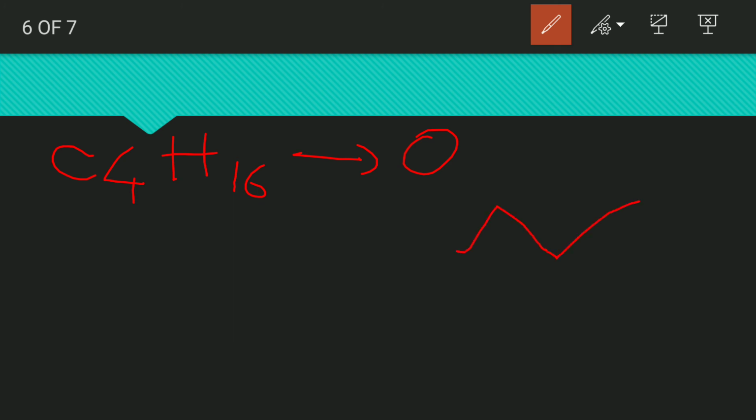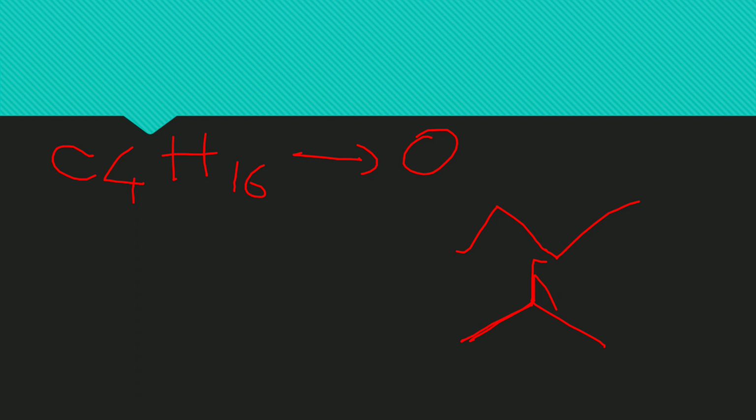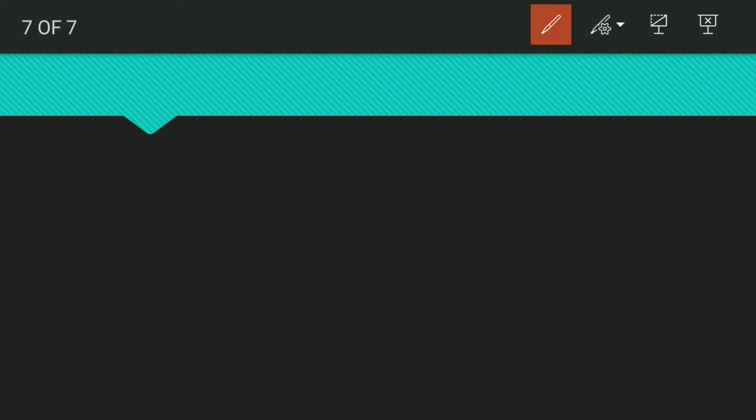It could be this or this, right? And if I tell you C3H6O has a DBE value 1, then you can predict the possible structure.